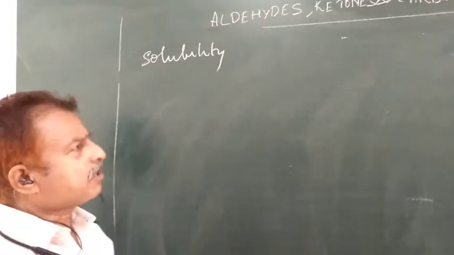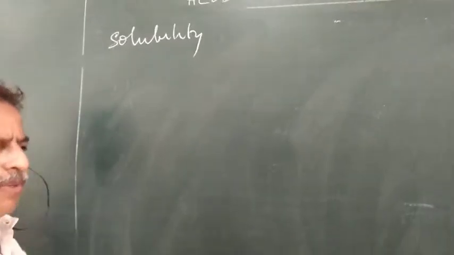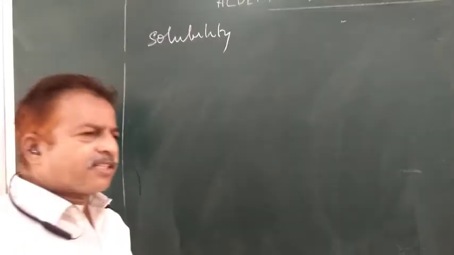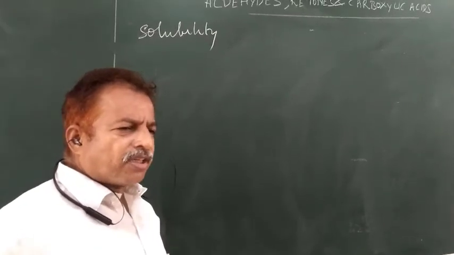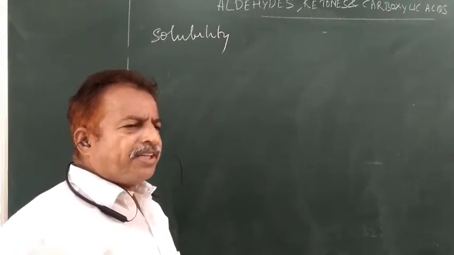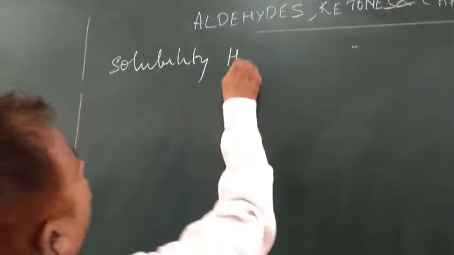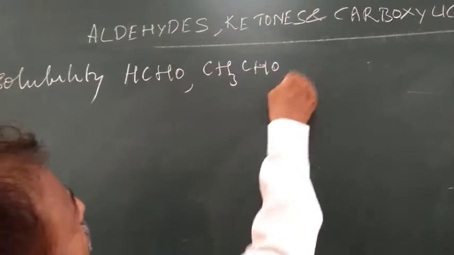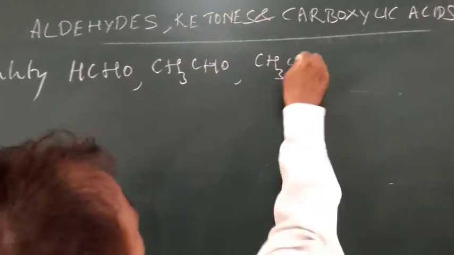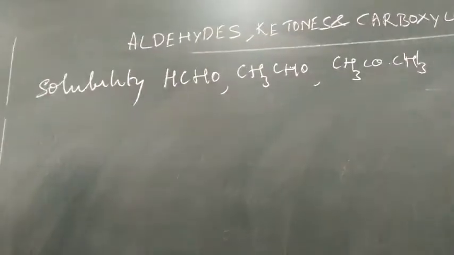Now let us see the solubility of aldehydes and ketones. Lower members of aldehydes and ketones, that is methanal, ethanal and acetone, are soluble in water because they form a weak hydrogen bond with water. So here HCHO, CH3CHO, CH3COCH3 are soluble in water. How do we write water?